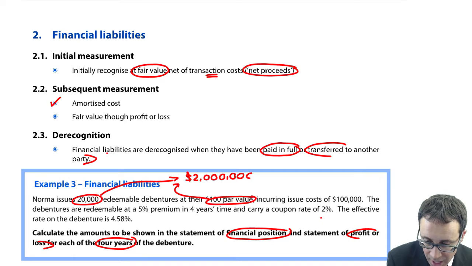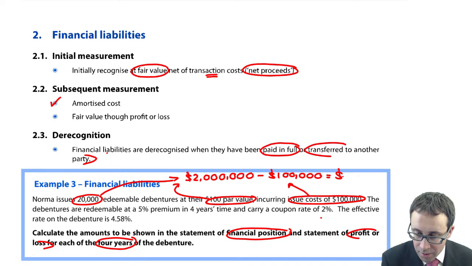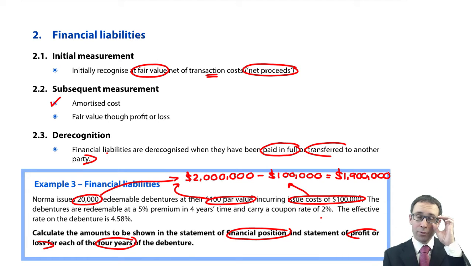That's the cash that I receive. However, there are also issue costs of 100,000. So I net those off, and that gives me the $1.9 million. That's my net proceeds. So I debit the bank and credit the financial liability with the 1.9 million.